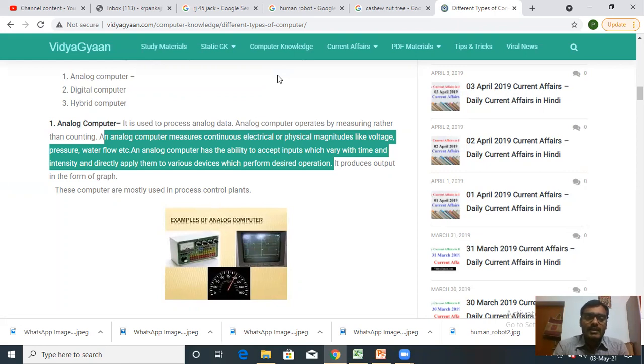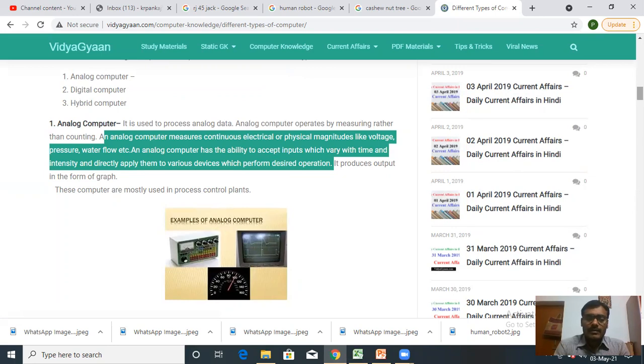So what is an ECG machine? It is a type of analog computer. Suppose you are going inside a vehicle and the speedometer of your vehicle records the speed of your vehicle continuously. What is the speedometer here? A speedometer is an example of analog computers.